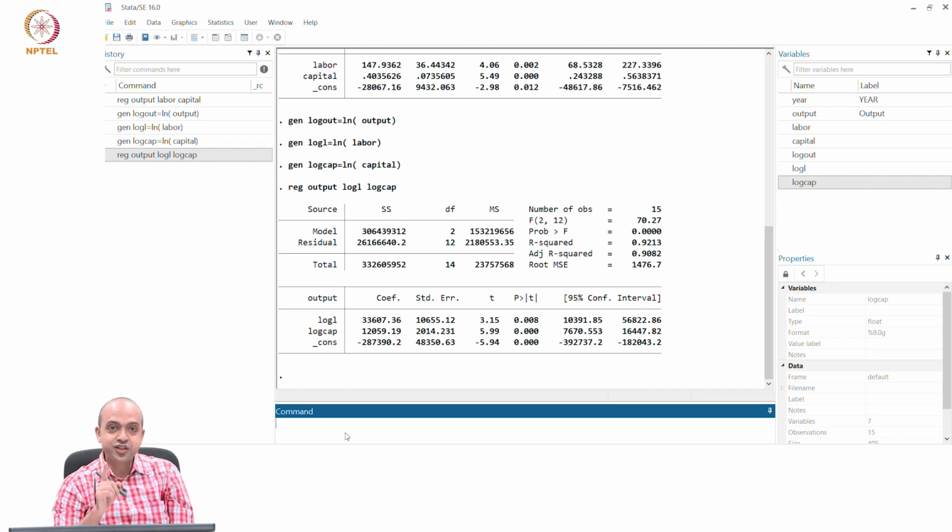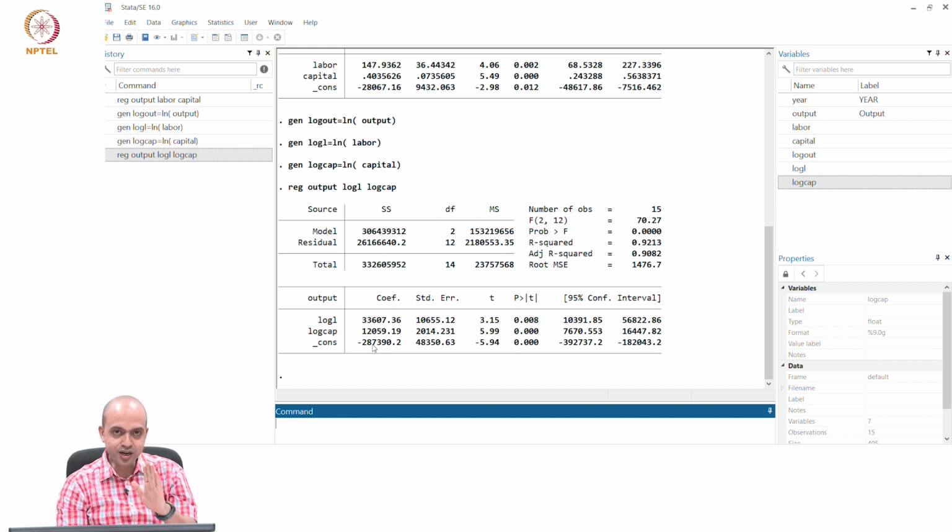For 1% change in labor, expected value of your output changes by 336.07 unit, because we have derived the interpretation when p is small, that means we are assuming p equals to 1. Similarly, for 1% change in capital, output changes by beta hat by 100, it would become 120.59 unit. This is the interpretation.